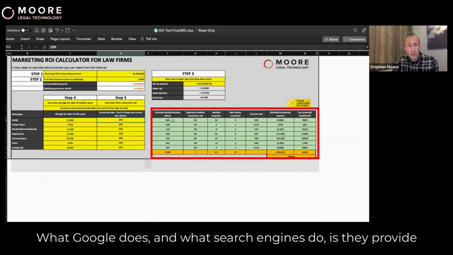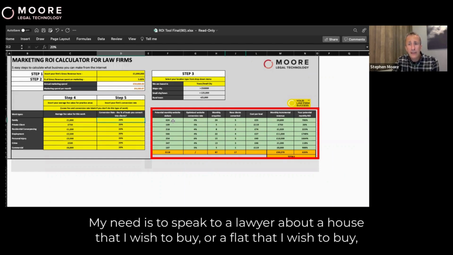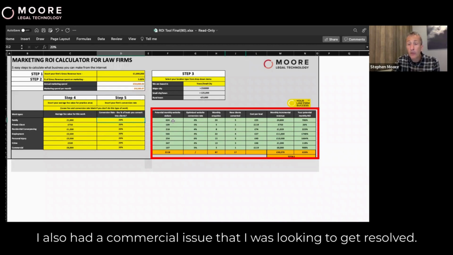What Google does and what search engines do is they provide people with a way of expressing their intent or expressing their need. My need is to speak to a lawyer about a house that I wish to buy, or a flat that I wish to buy, or my son recently had a personal injury accident on holiday. That was something that I needed to deal with. Or I also had a commercial issue that I was looking to get resolved.